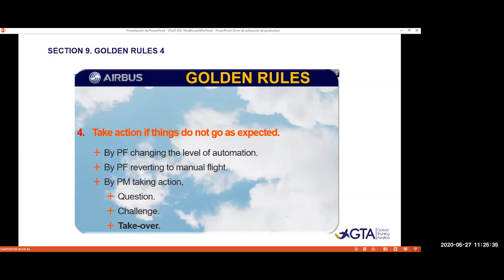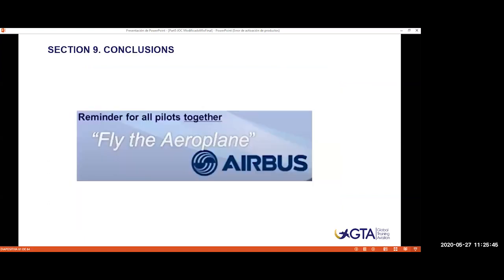So this is the summary of how we can fly this aircraft: concentrate on these four golden rules. And remember one very important thing, for all pilots, not only for Airbus: at the end, you have to fly the airplane.